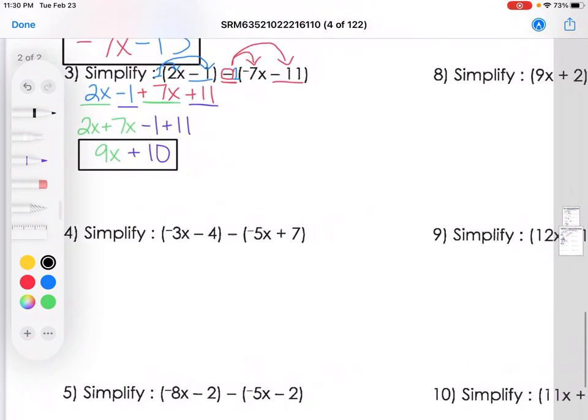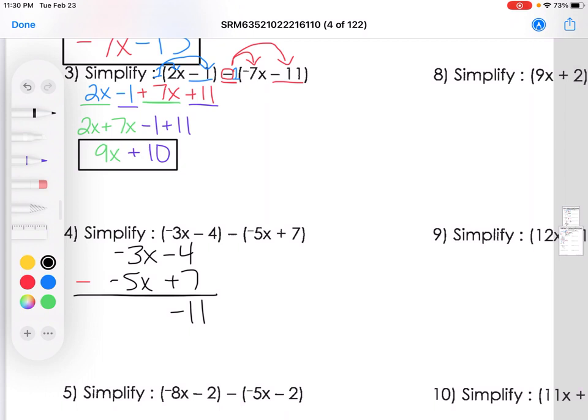Number 4. So I have negative 3x minus 4 and negative 5x plus 7, and we are subtracting these. So negative 4 minus positive 7 would be negative 11.